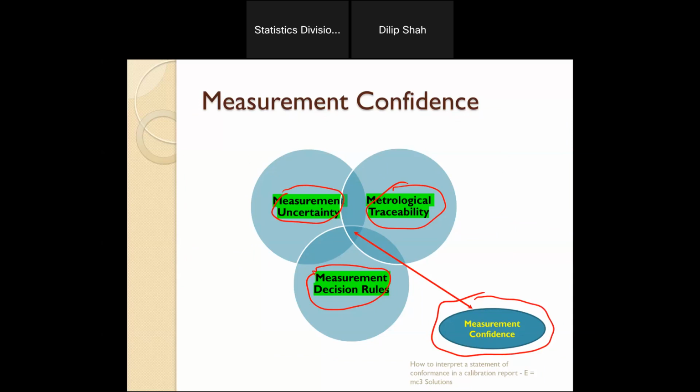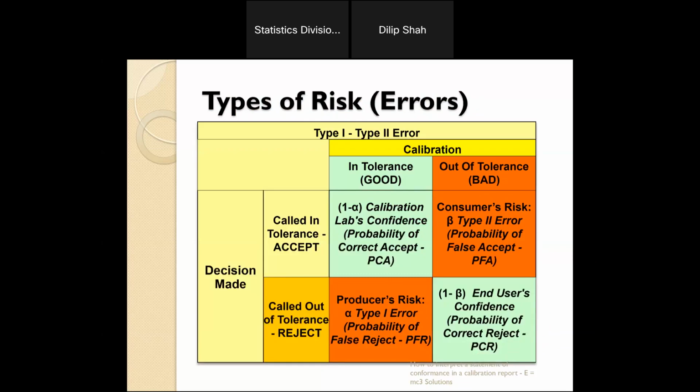All right, so let's look at some things. Now, this is a very common statistics concept you may have seen, sometimes called type 1, type 2 error. I'll put it in the context of calibration. If I calibrate something and call it in tolerance, and I made a good call, then it is a good thing.